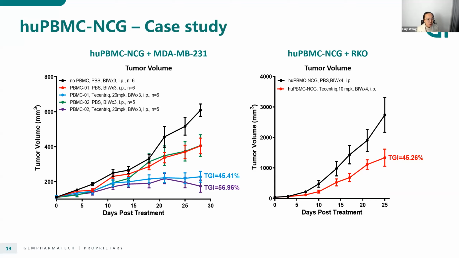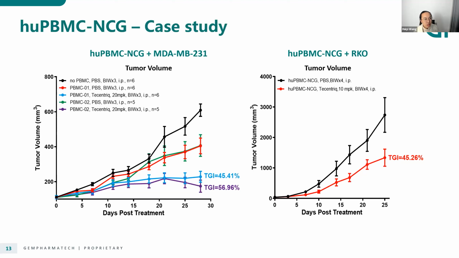So as we can see, the treatment of Tecentriq will enhance the cytotoxic ability of our T cells. And we can see that Tecentriq could obviously inhibit the breast cancer cell and the colorectal cancer cell growth in both PBMC NCG mouse models.